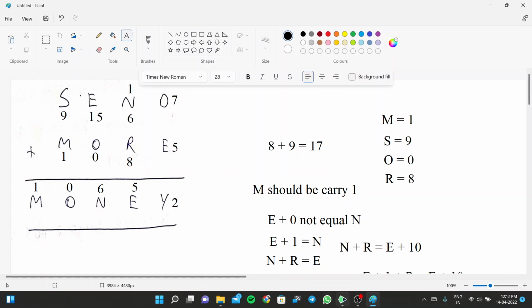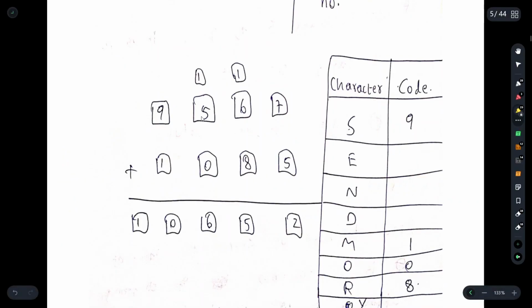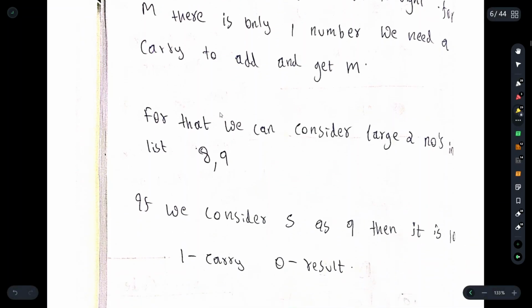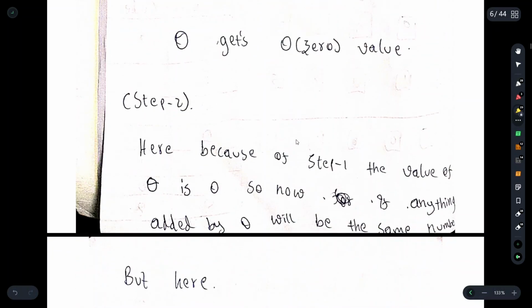So we will try to read the notes now and watch it simultaneously. We need to start from left to right. For m, there is only one number, so we need a carry to get m. For that, we can consider the two largest numbers in the list, 8 and 9. If we consider s as 9, it will give me 10, the carry will be 1 and the result will be 0.